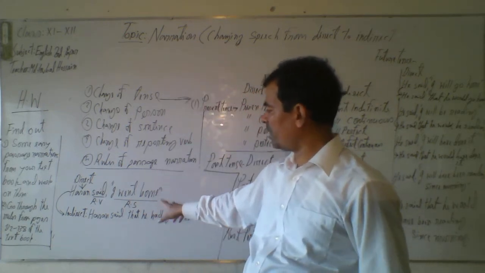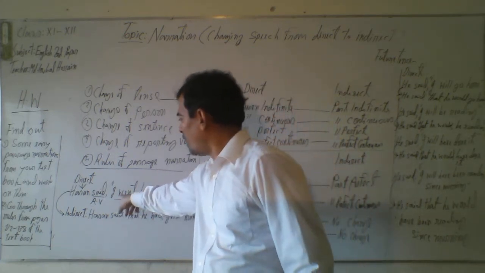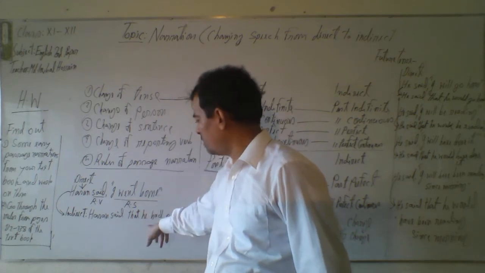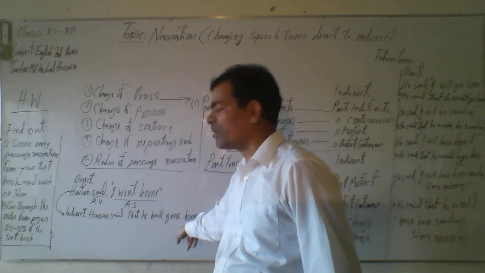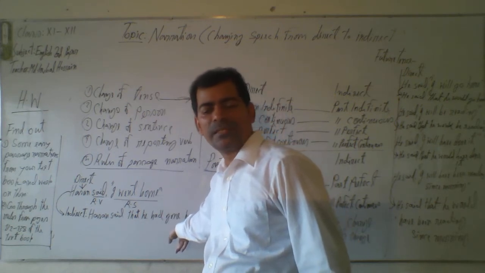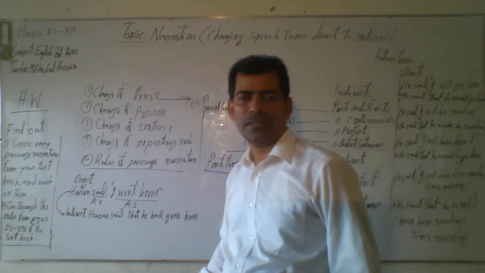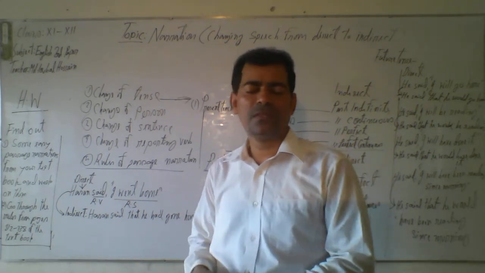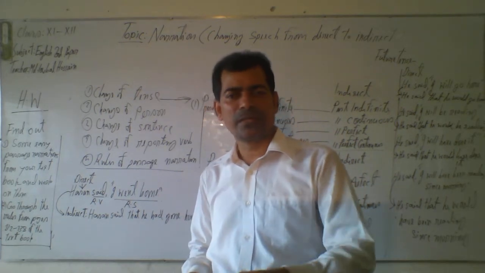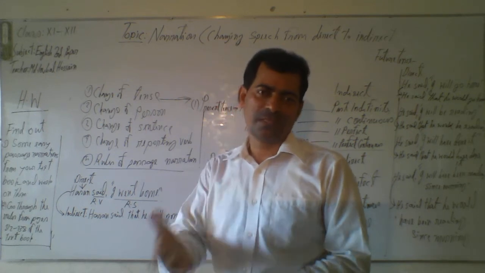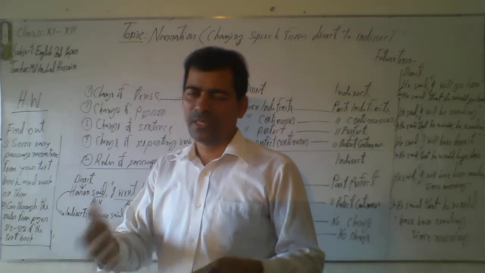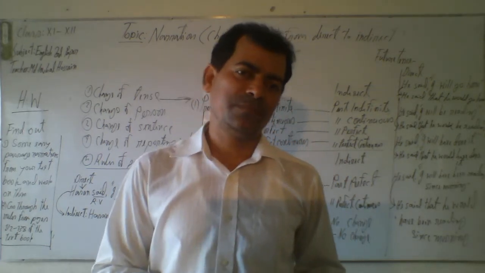Now clearly you can see that "I went home" is a sentence of past indefinite tense, but here "he had gone home" is a sentence of past perfect tense. That means when you change speech from direct to indirect, you need to change the tense of the statement.